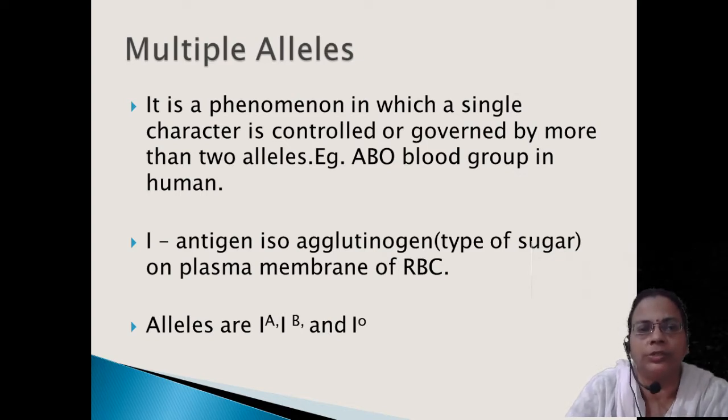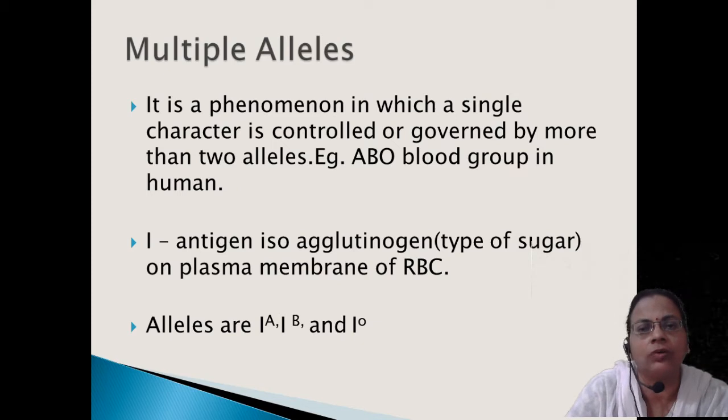Here the definition is: it is a phenomenon in which a single character is controlled or governed by more than two alleles. So it can be three alleles or four alleles, depending upon the case.